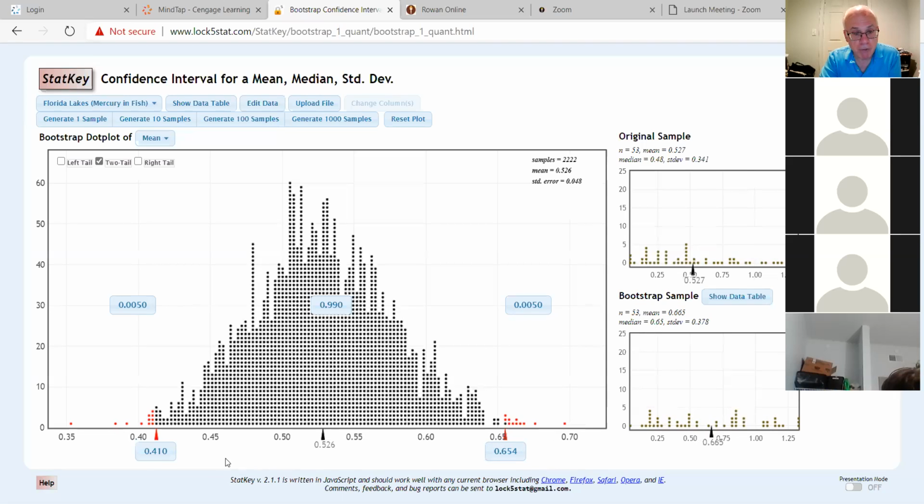We get a different answer based on the original sample that we end up with, and we can't say that there's a 95% chance that the true mean is between that interval either. No, that's not the interpretation. We have to say that of all the intervals, we're 95% confident the one that we chose, and the confidence interval that was created from that, actually contains the population mean.